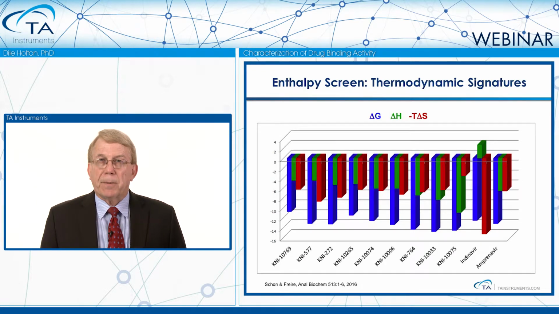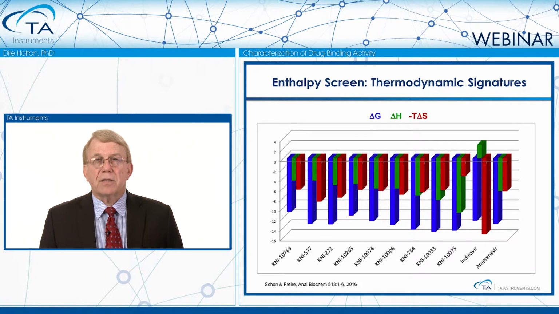In that same paper, they looked at several HIV kinase inhibitors, trying to understand if by enthalpy screening they could get the same values that they would get if they had done a full titration. The full titration data had been published previously back in 2008, and the idea was to create the same kind of thermodynamic signature.